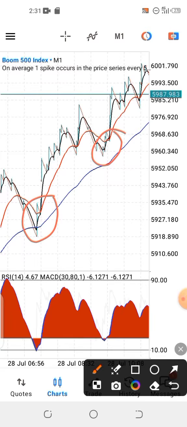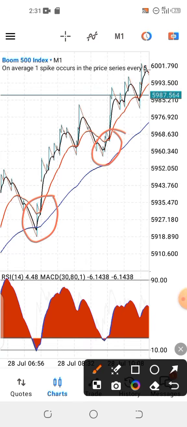You make sure that the red and the black are above. As you can see, what we are using here now is Boom 500. So if you are trading Boom and you want to catch spikes in Boom, the red and the black moving averages are very important there. Make sure they are above the blue moving average.